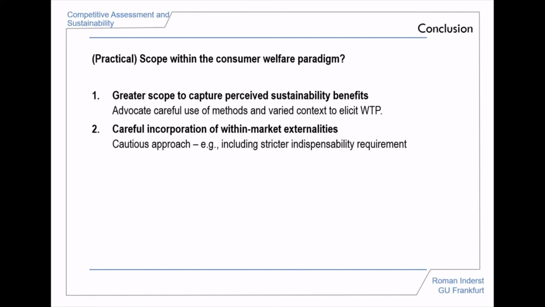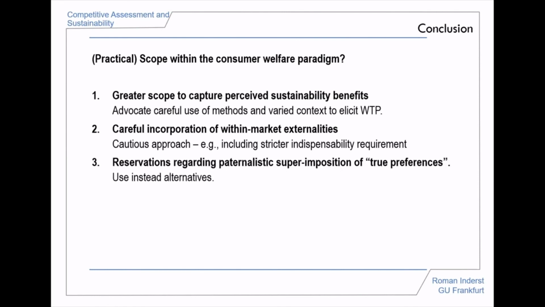We advocate enriching this with a stricter indispensability requirement, because we must then answer the question of whether the externalities we now internalize are an expression of a market or social failure.